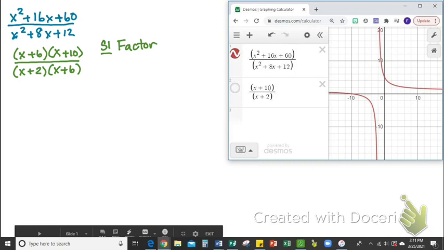Now already here, we're going to switch up and do some things that we've slightly done in the past, but now apply them in different ways. We're going to look for what we call excluded values, right? And if you jump to the right, I already graphed this on Desmos, so we have a sense of what this rational function looks like. They get very, very different depending on what kind of functions you have in there.